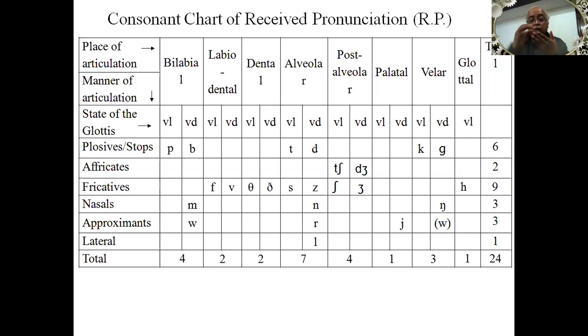The vocal cords are held loosely together. Air passes through, causing a lot of vibration in the vocal cords. And the place of articulation is post-alveolar, and the manner of articulation is affricate. So we've got two affricates.